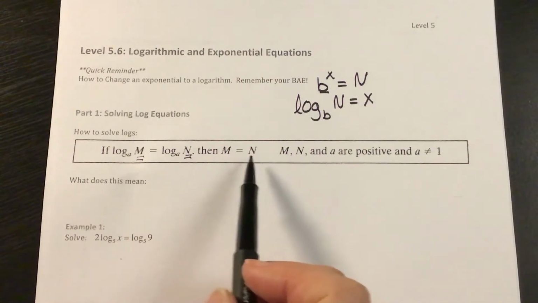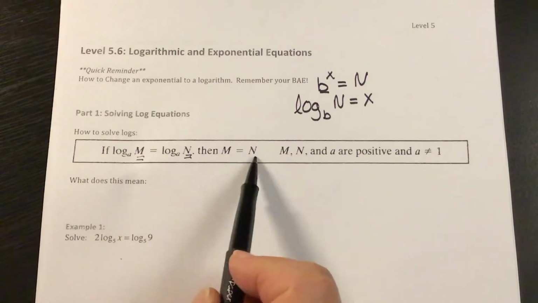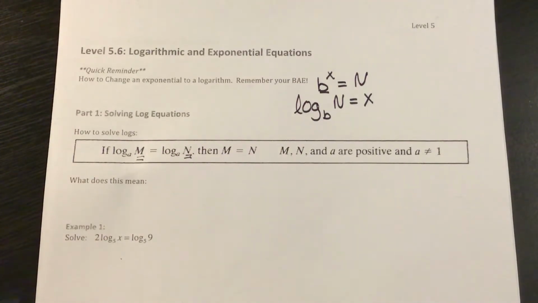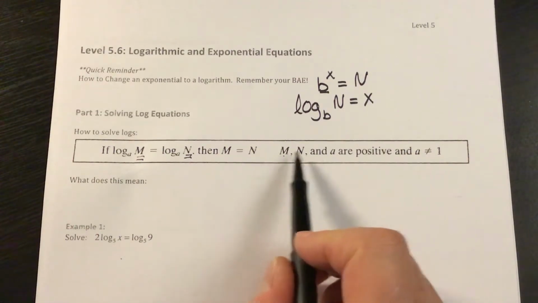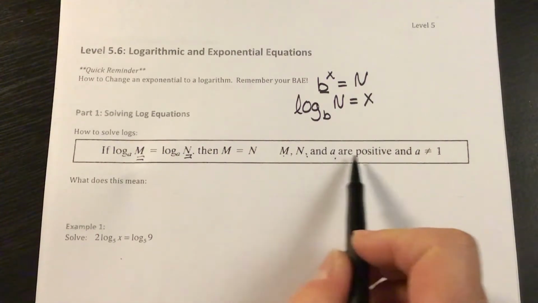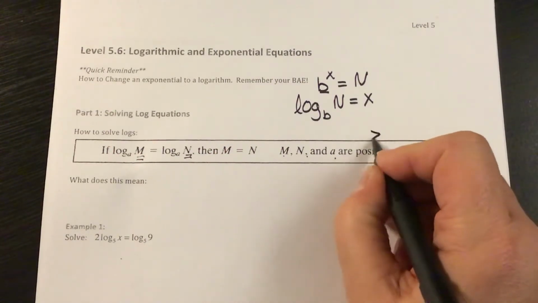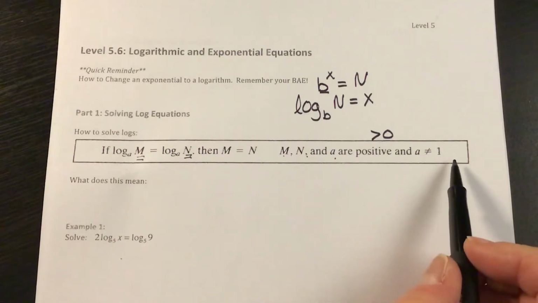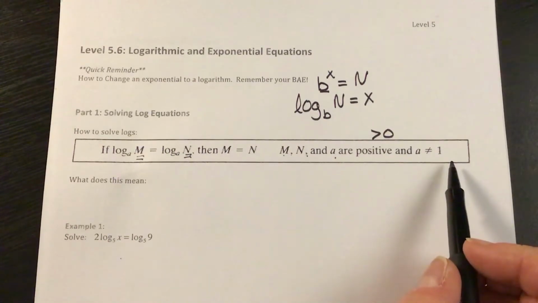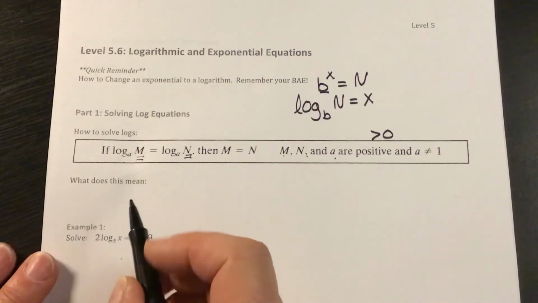An important thing that they tell us is that m and n and a are all positive. That means that they're greater than 0. And a cannot equal 1. Okay, so we don't have a base of 1.